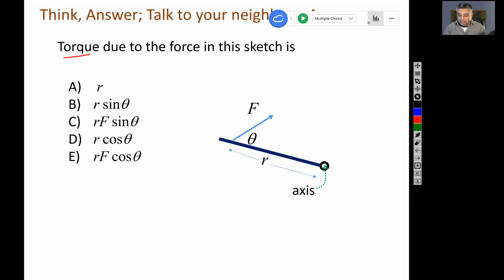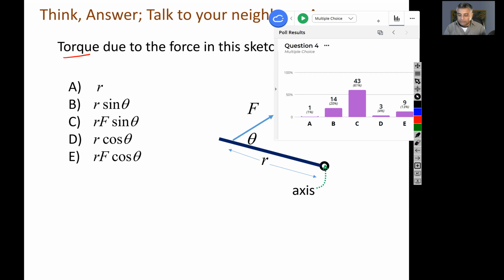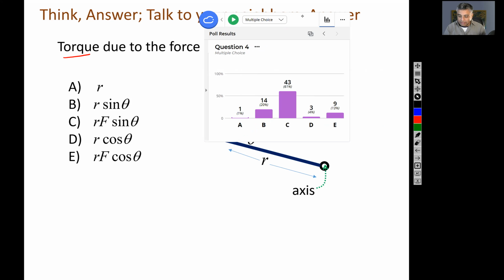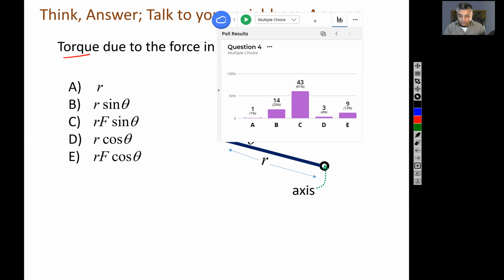Okay, let's see what we got. So this time mostly C, but there was B as well.